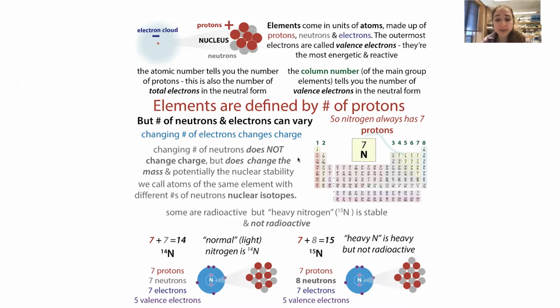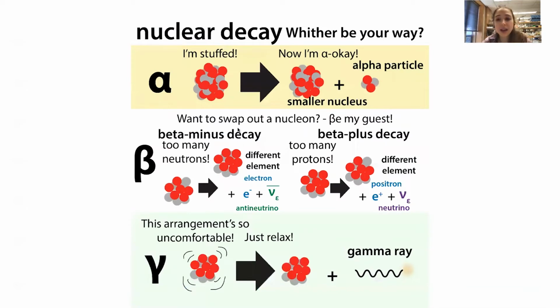There are a few different types of radioactive decay. The type that I'm working with, that I measure from this P32, this radioactive phosphorus, is beta decay. There are different types of decay that allow the nucleus to rearrange itself and get happy with its current situation, because it gets really uncomfy if it has too many or too few neutrons.